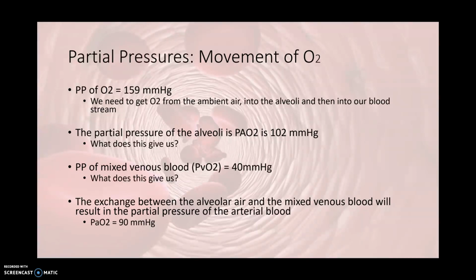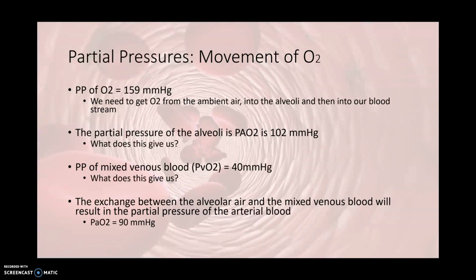Right, so the blood in the pulmonary capillaries, which has been stripped of most of its oxygen, gives us a PvO2 of about 40 millimeters of mercury. So that gives us about another 60 millimeters of mercury gradient to move oxygen from our alveoli into the mixed venous blood, right? So we want to get that oxygen into the blood somehow. Oxygen was in the alveoli, with a partial pressure of about 102. Now we need to get it into the mixed venous blood, which is about 40 millimeters of mercury.